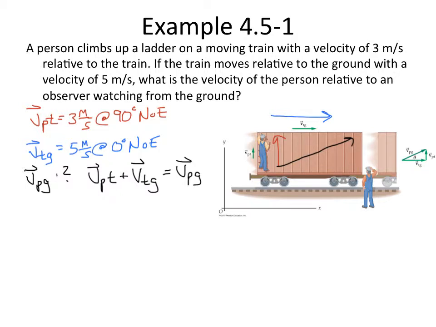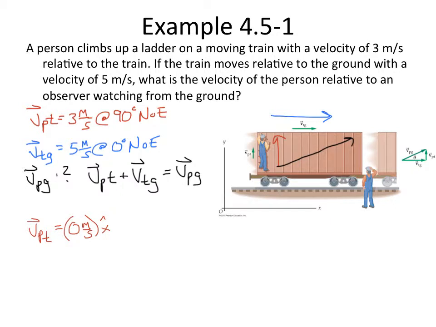Let's add our vectors together using a chart. You could put them in unit vector notation too if you wanted to. In fact, let's just go ahead and do that. Let's write the velocity of the person with respect to the train in unit vector notation. This will make it kind of easy. That is 0 meters per second in the x hat direction.